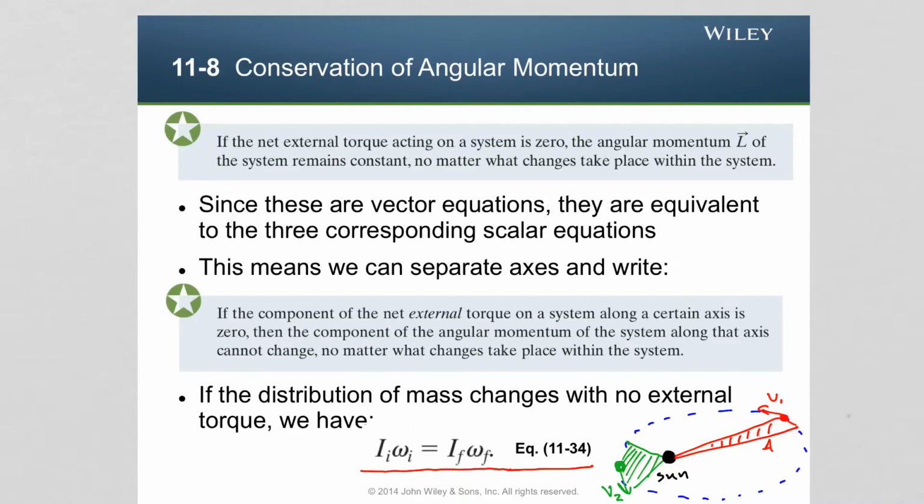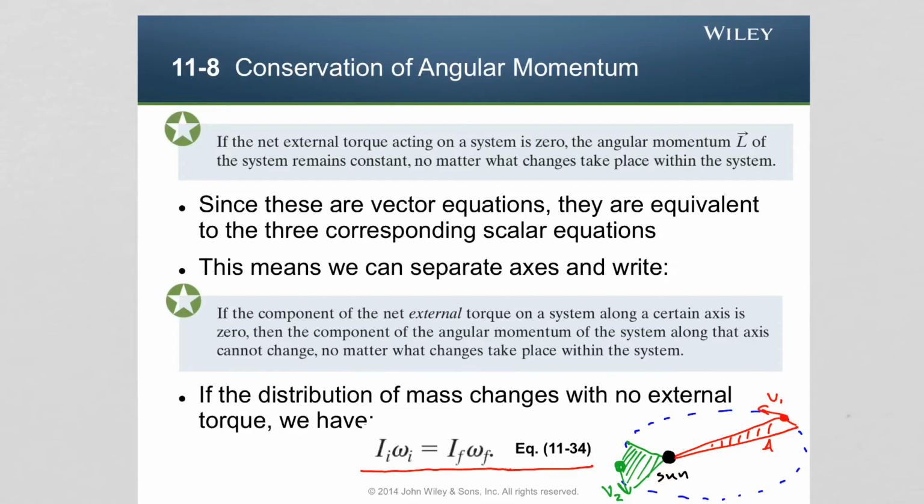That is only possible if the two velocities here are different. So when the planet is closer to the sun, it's moving a little bit faster compared to when it is further away from the sun. Remember that the only force that acts between the two celestial bodies, the sun and the planet, is the gravitational force.